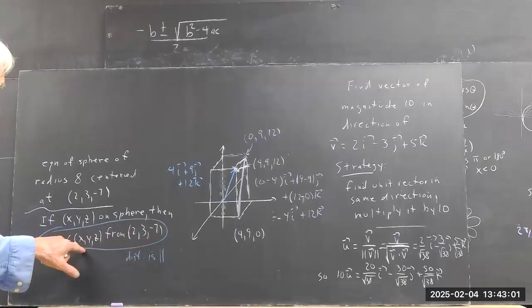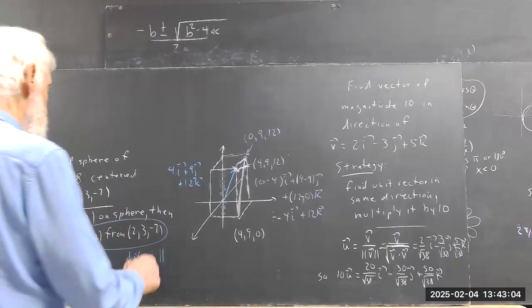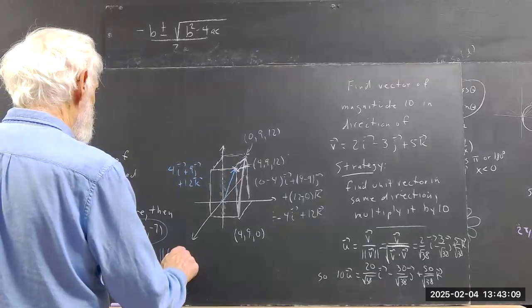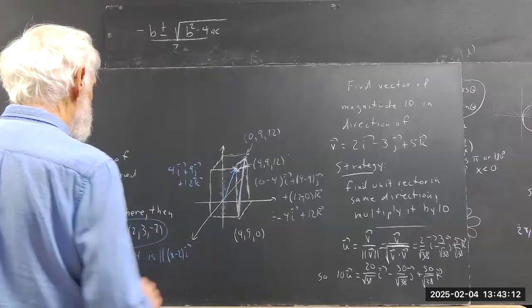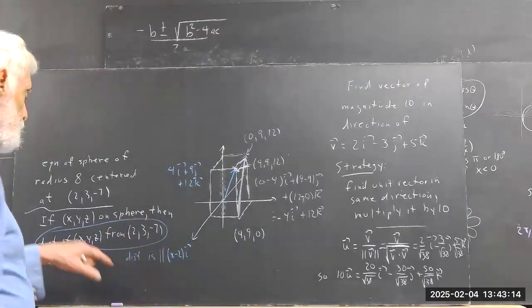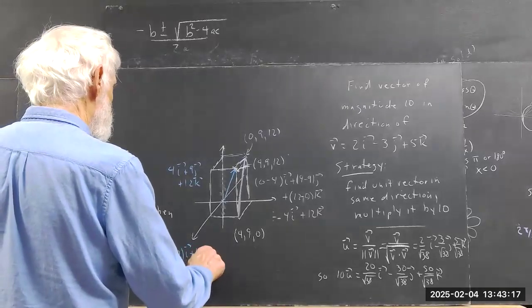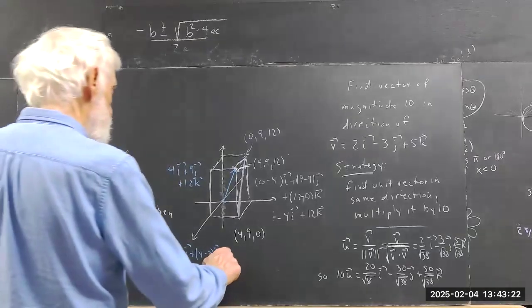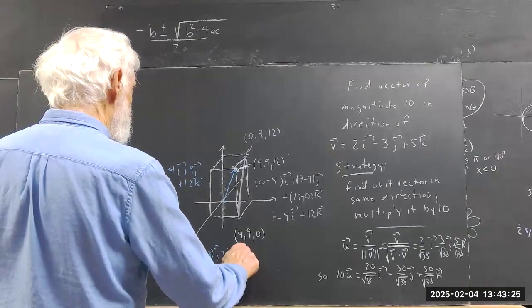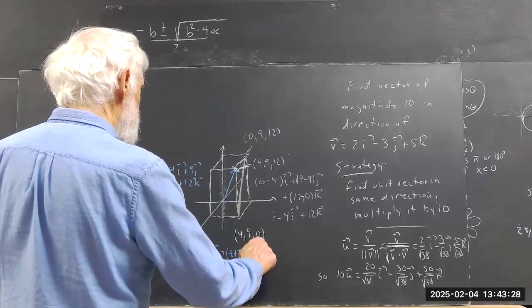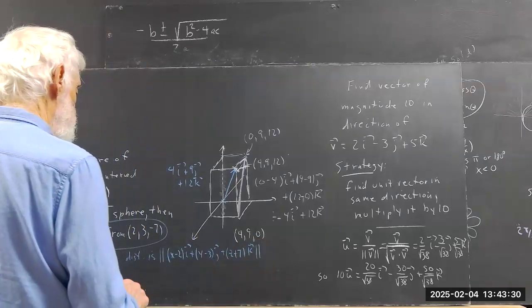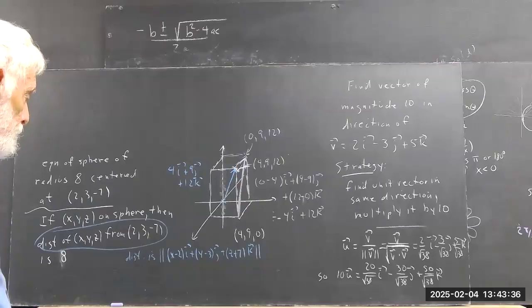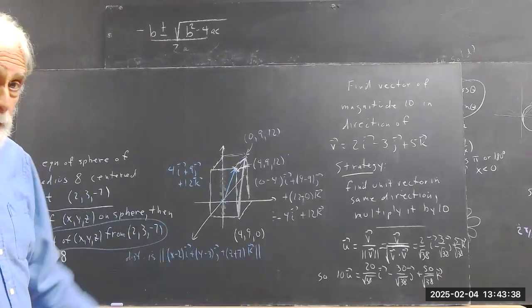Or let's say from the center to this point. So from the center to X, Y, Z is (X - 2)i plus (Y - 3)j plus (Z + 7)k.